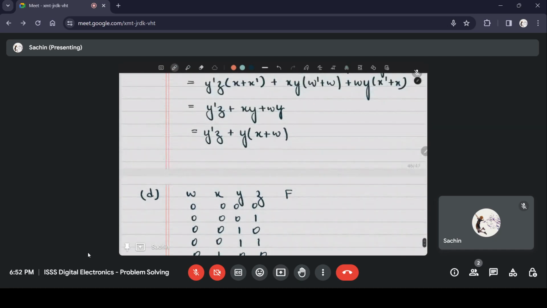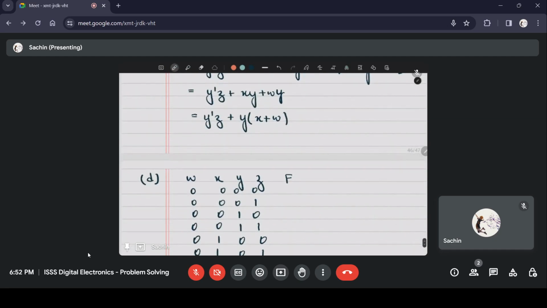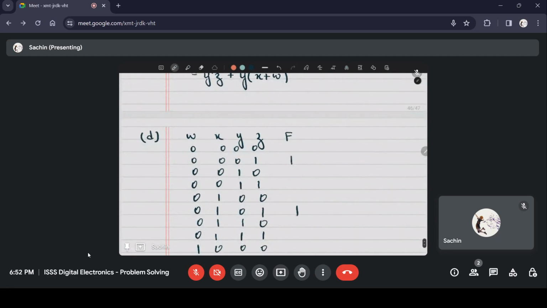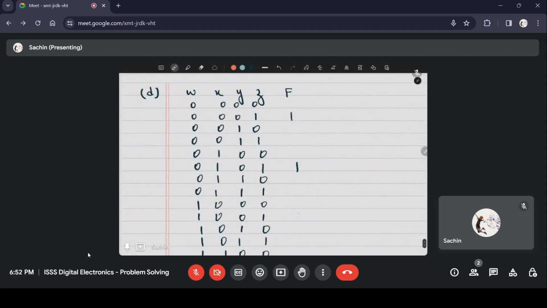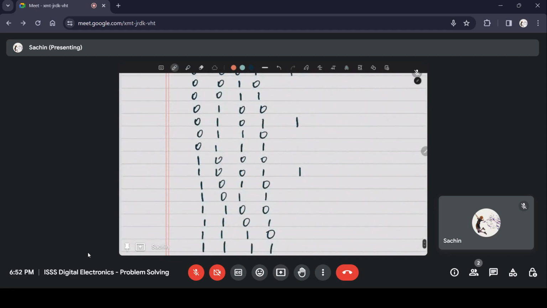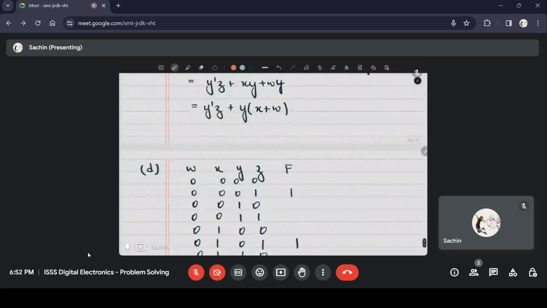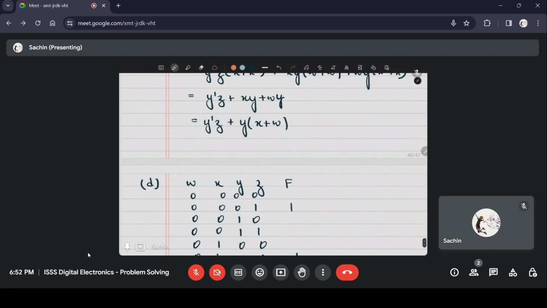Now y prime z means y is 0, z is 1. That's here, here, here, those four. xy means x and y both are 1.